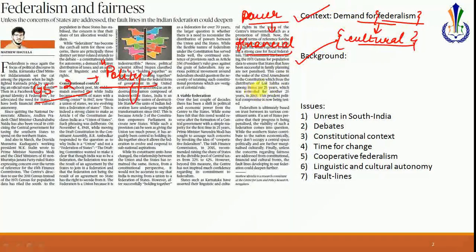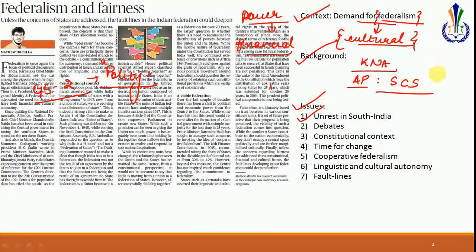Now coming to the issues which have been discussed in the editorial, the first issue is with regards to the unrest in South India. Here you need to understand that in the southern states of India, unrest is being seen. For example, the unrest in the state of Karnataka with regards to the state flag. Another issue is in the state of Andhra Pradesh, where a special category status is being demanded.